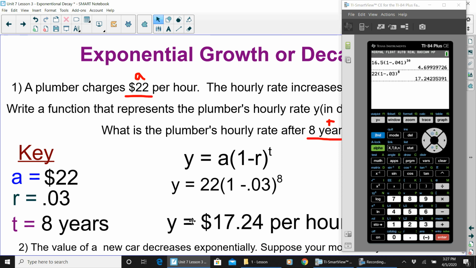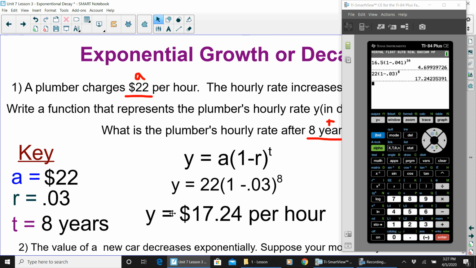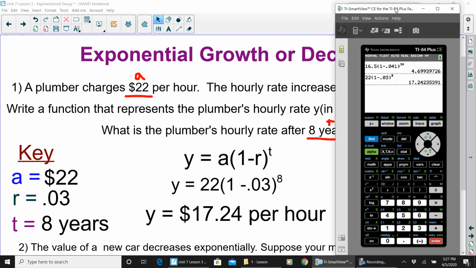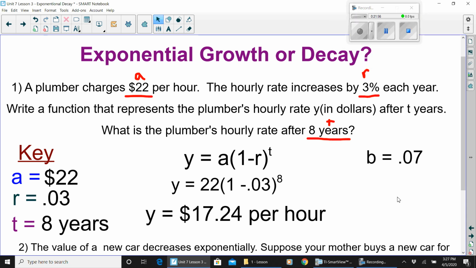Pretty good. All right. I just wanted to bring something up in case you didn't realize. See, the B is 1 minus the r, so 1 minus 0.03 is your B. That's 0.97. We don't see that basically because you're putting it into the calculator. But they could give you this, the 0.97, and they could ask you, what's the rate of decay?